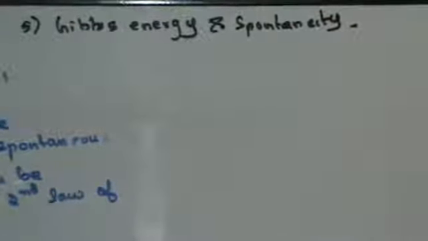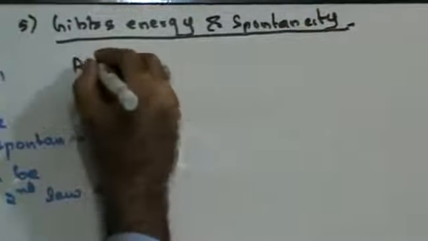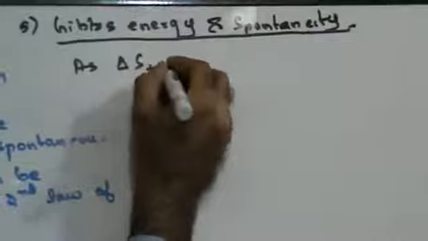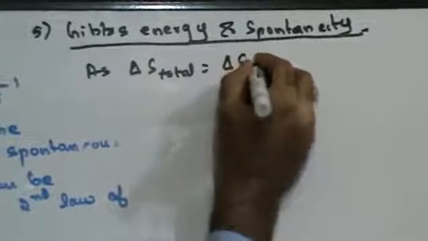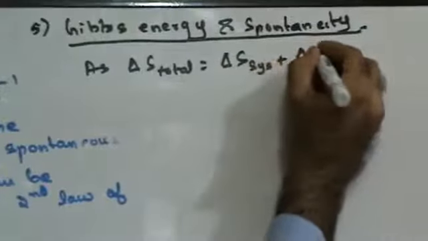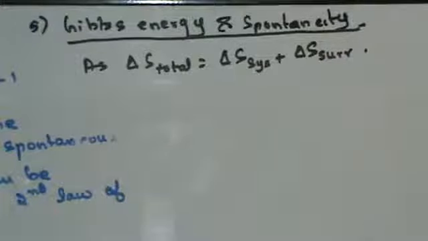Now, we had already found out that the total entropy is nothing but the entropy of the system plus the entropy of the surrounding. Right?